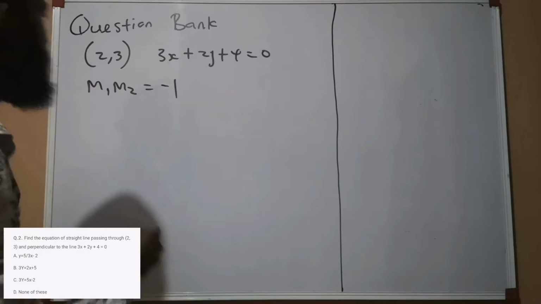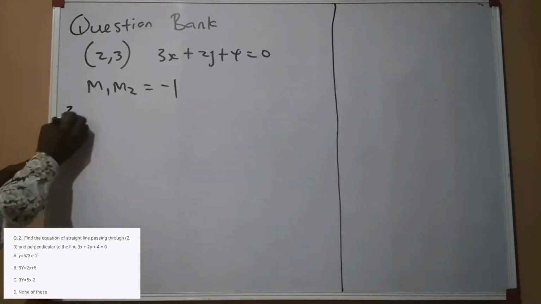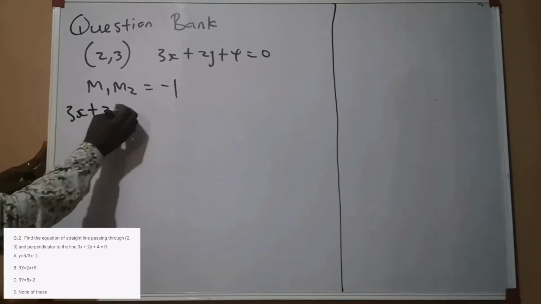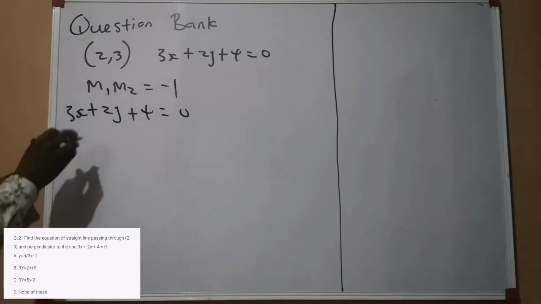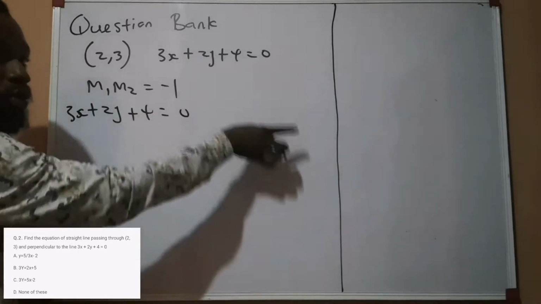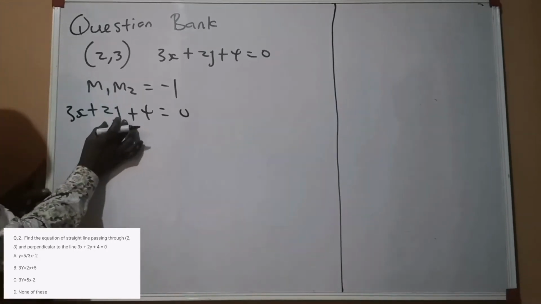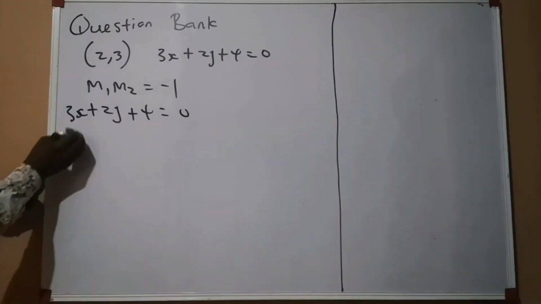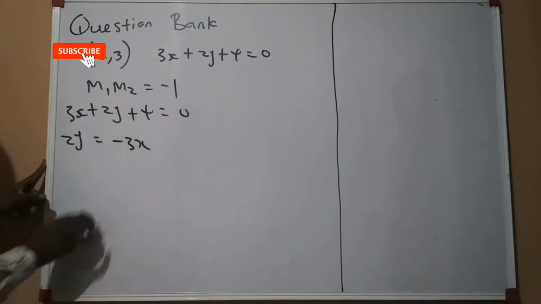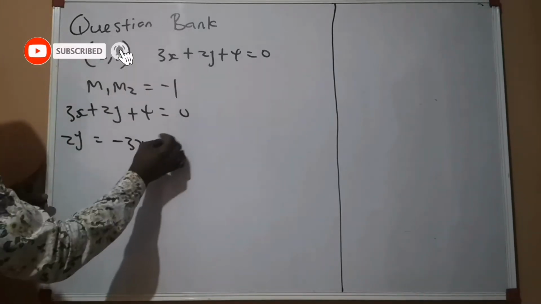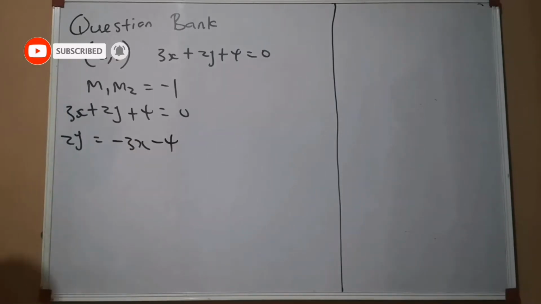So let us begin. From the equation 3x + 2y + 4 = 0, we are going to get this. 3x and 4 go to the right hand side to make 2y stand alone. So here becomes 2y is equal to, when 3x goes, it becomes minus 3x, and when plus 4 goes, it becomes minus 4.